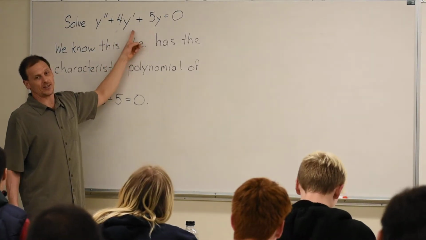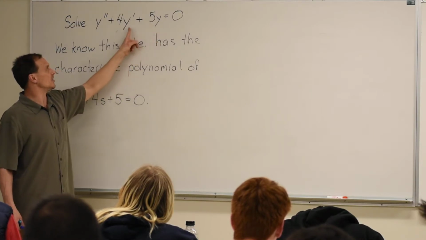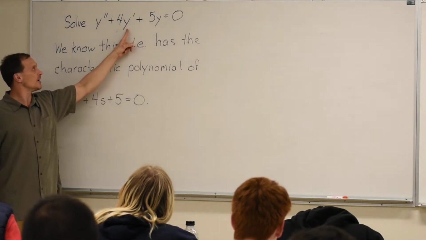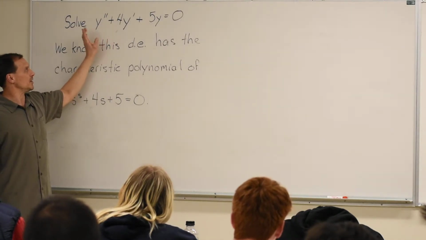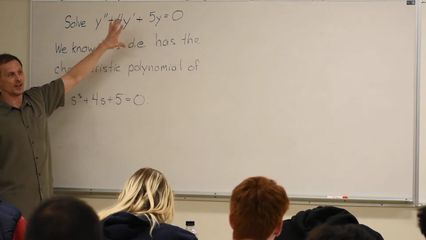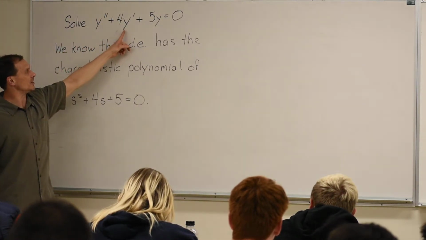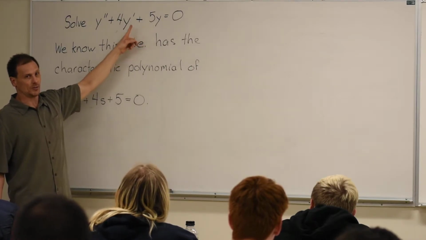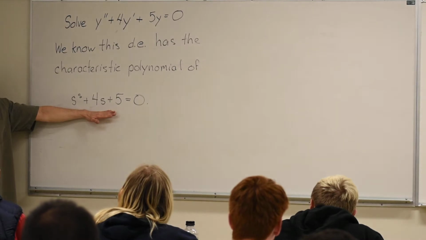So we said e to the st. So I need an e to the st here, the first derivative of it here, and the second derivative of it here. And we just combined like terms. We don't need to worry about the e to the st term. We want to figure out how this polynomial in s gets to 0. And we're left at this step.